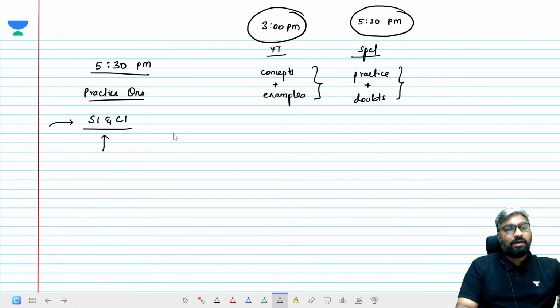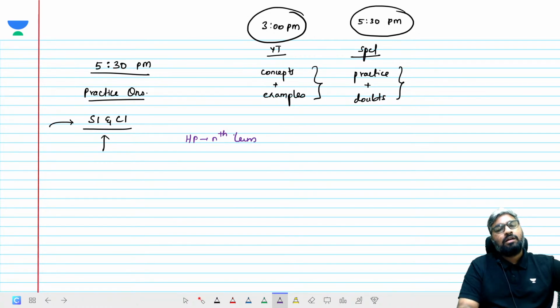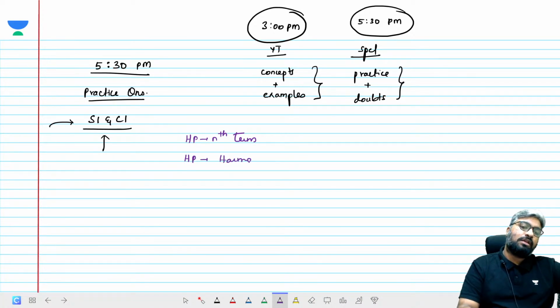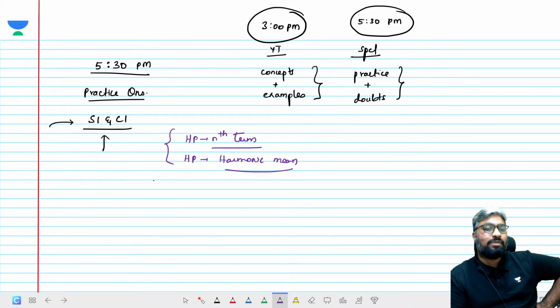But finding the nth term of HP is important. Harmonic mean in HP is also important. But sum of HP, product of HP, all that is not important.